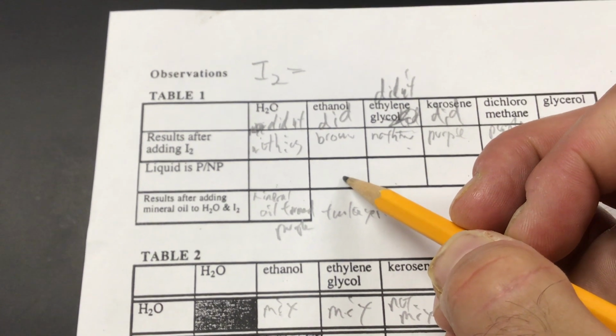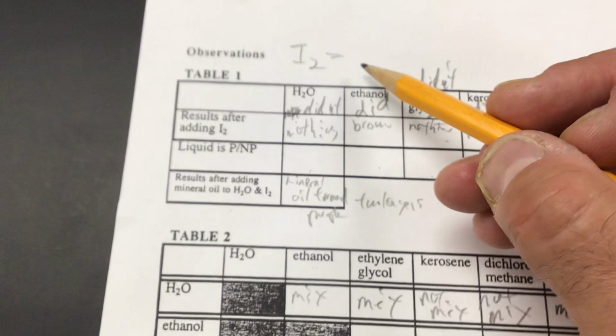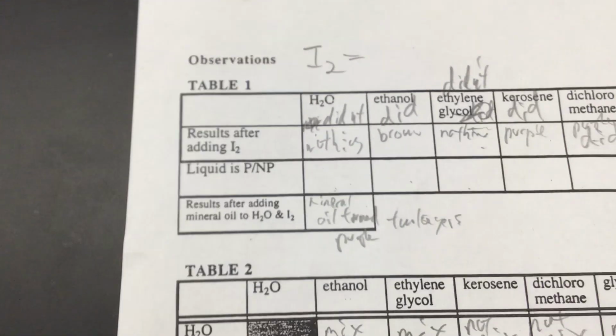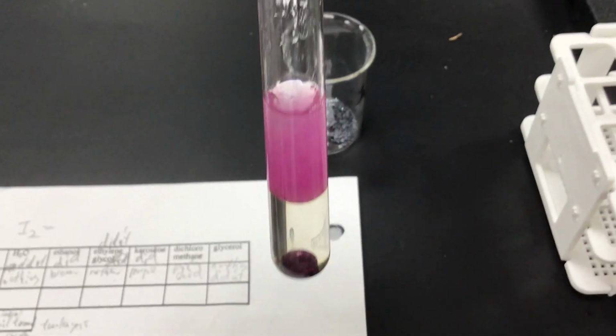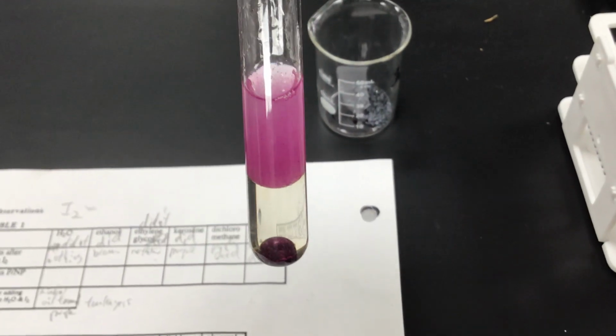You need to find out if iodine is polar or nonpolar, and things that are similar mix together. So 2 polar substances will mix, 2 nonpolar substances will mix, but polar and nonpolar will not mix. That's the reason why the water and the mineral oil did not mix.